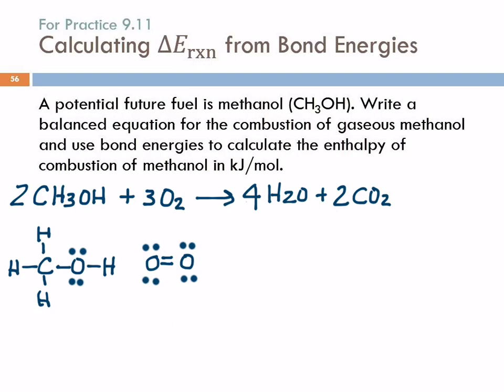And then over here, we have water and carbon dioxide. Let's just finish those out. And so we have to figure out how many of what kind of bonds are being broken and how many of what kind of bonds are being formed.